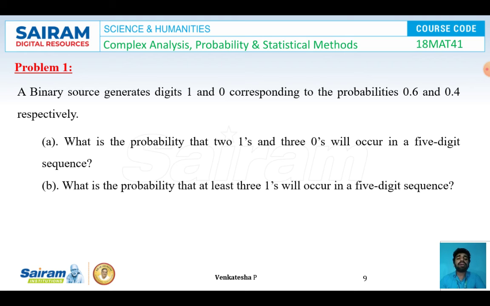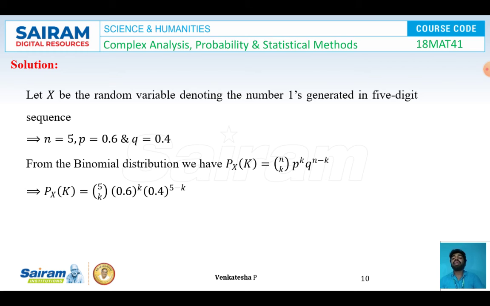So since the sequence is a 5-digit sequence, obviously the value of n will be equal to 5. So I'm going to define the event first. Let x be a random variable denoting the number of ones generated in a 5-digit sequence. So it implies that the value of n will be equal to 5 and p is equal to 0.6 and q is equal to 0.4.